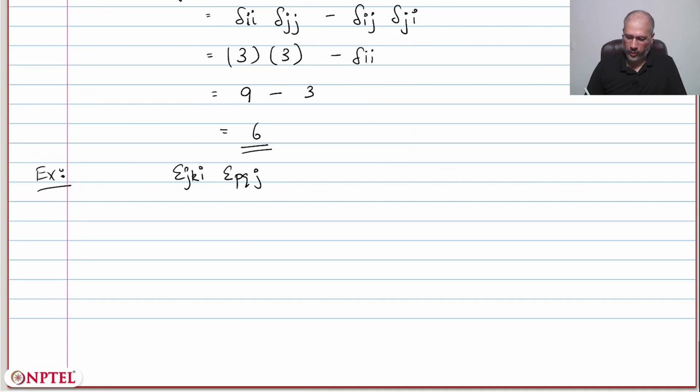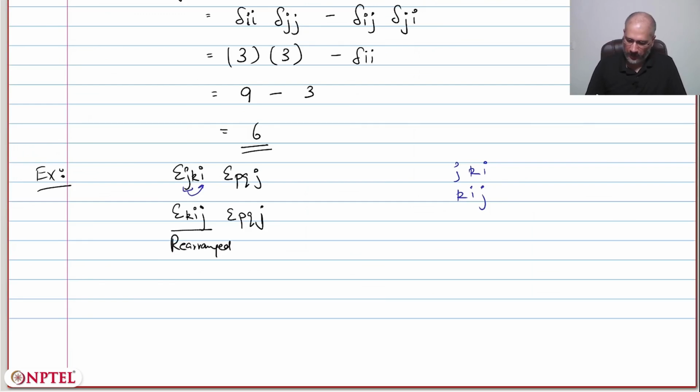So we do rearrangement. So we will try to move this j towards the end. And the way this works is you have the order jki. So this is the same as the order kij. So I can write this as epsilon kij, and the second one stays as it is. So I'll say here this is rearranged.